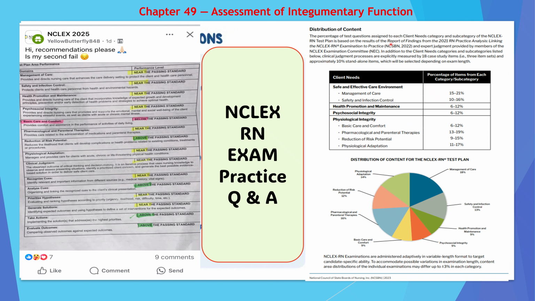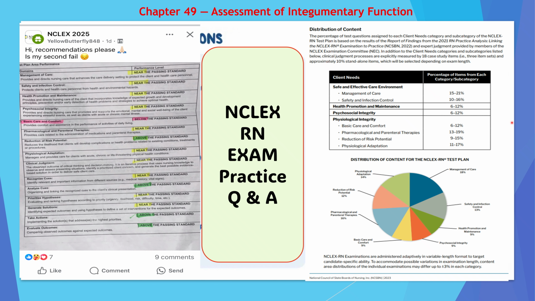Well, the diseases and burns will be later, but let's say 1/3 will be from this chapter, and you have to say it's management of care, it's safety, it's health promotion, it's basic care, because you need to make this pie and complete it with green light in all of these areas. So let's see how the skin works to pass the NCLEX.